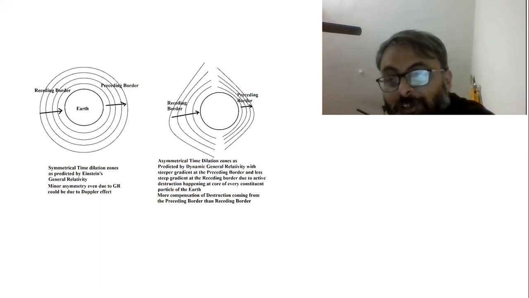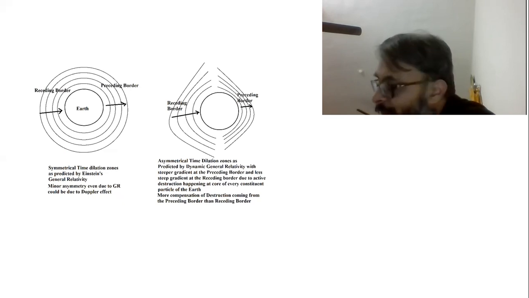So to compensate the destruction, EPCs are forming all around it. But as the Earth is moving from one point to another, the compensation is coming from the preceding border much more than the receding border. So there will be a very slight difference in the inward movement of the EPCs in the preceding border as compared to the receding border.